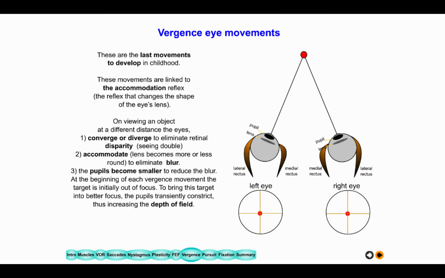Okay. Next, let's look at vergence eye movements. All kinds of things are happening here. You see here the eye moving from one position to another as the target moves from near to far and then back again. This is what each eye sees.